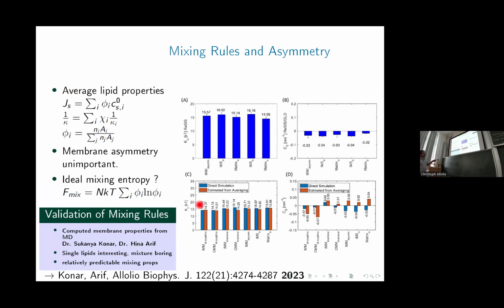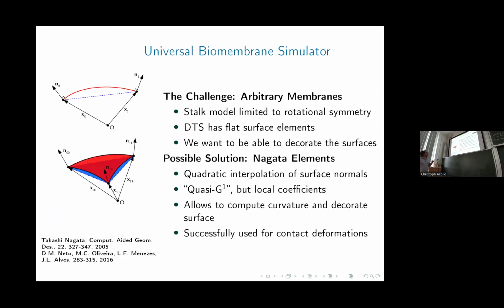That is, what would we get if we took the values from the components and mixed them, and we get pretty decent agreement, I would say, between the prediction from the components and the direct mixture. Okay, so that means we can now simulate arbitrary lipid mixtures.